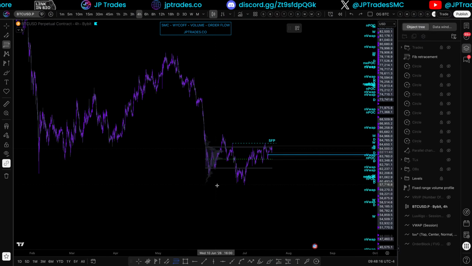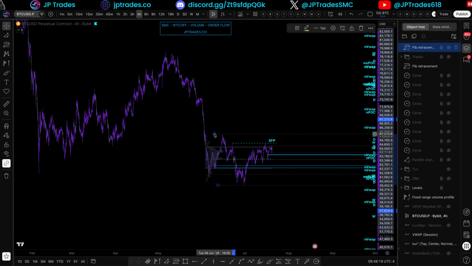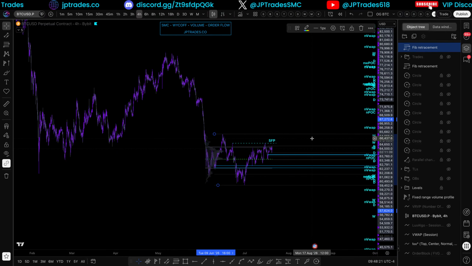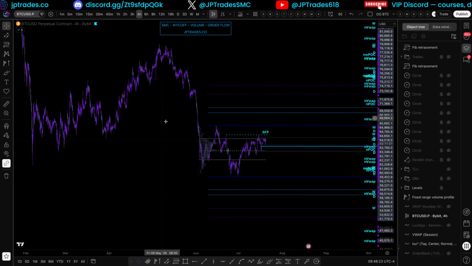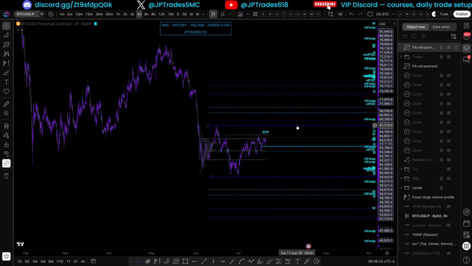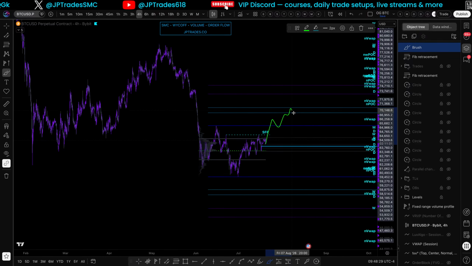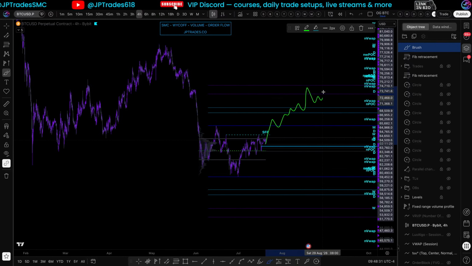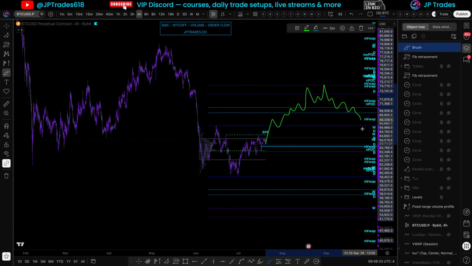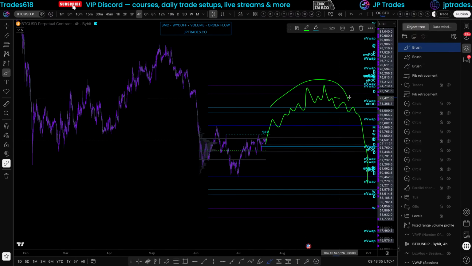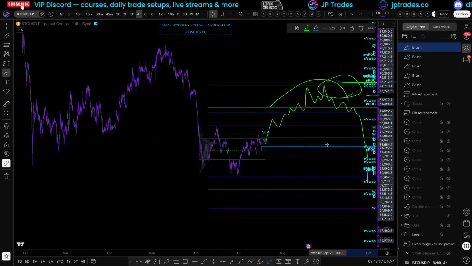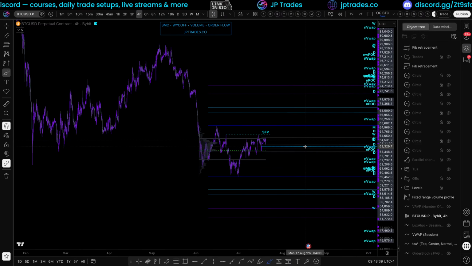So what I would do is pull this range and look at those liquidity pockets. So if this range does break up, maybe we start to form that distribution right around that 73.7 to 74.7 area.